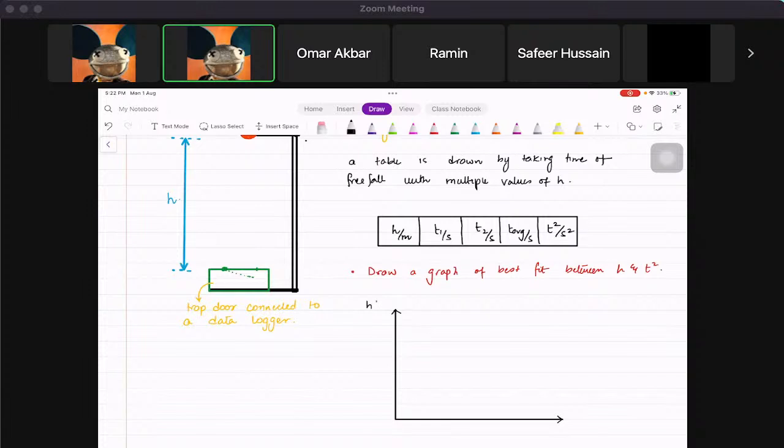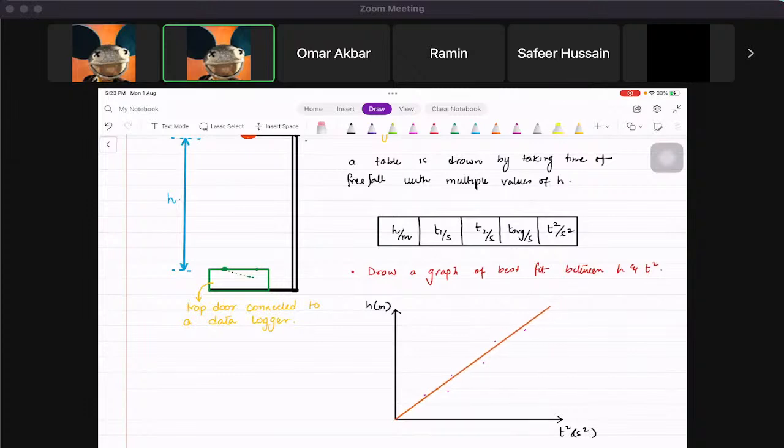Then h on the y-axis, t square on the x-axis, and then basically when you plot the points, you just need to draw a line of best fit that starts from origin.